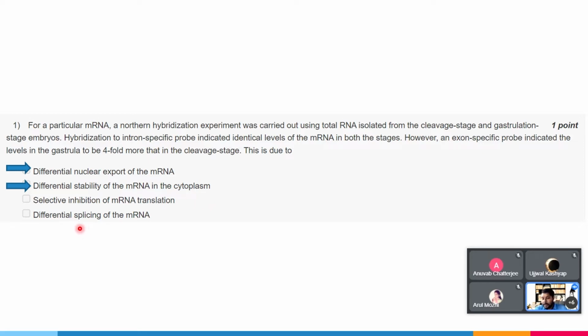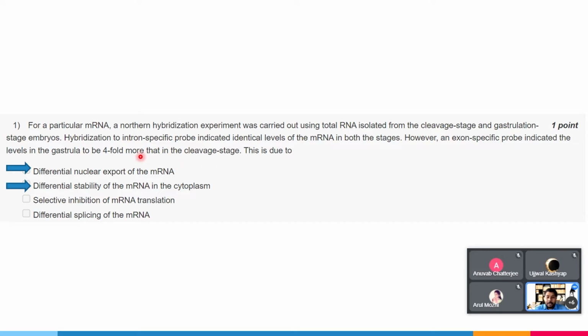Differential splicing won't be a correct answer, because in the case of differential splicing there will be detection by both intron and exon-specific probes in both cases. The intron-specific probe will detect immature nuclear RNA, which will be detected even if there is differential splicing.